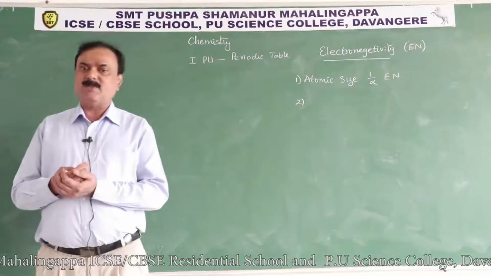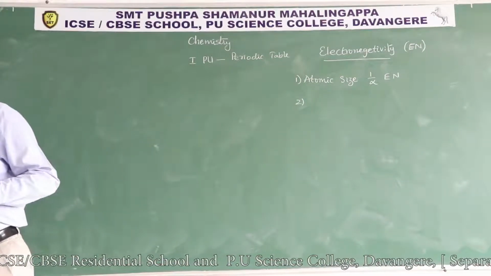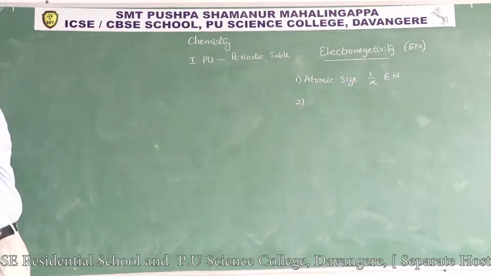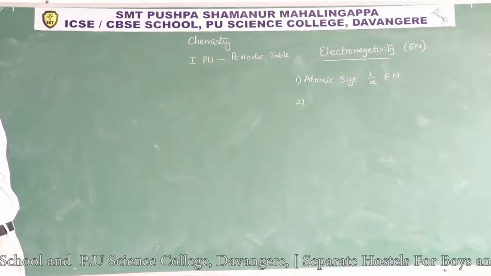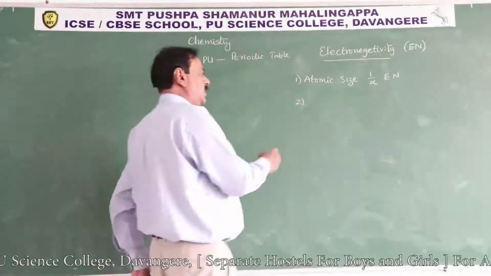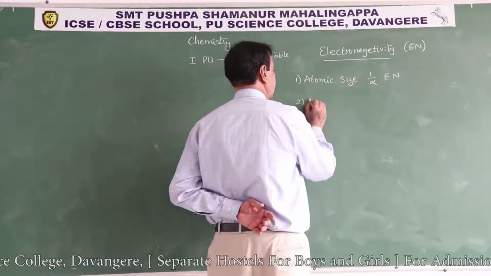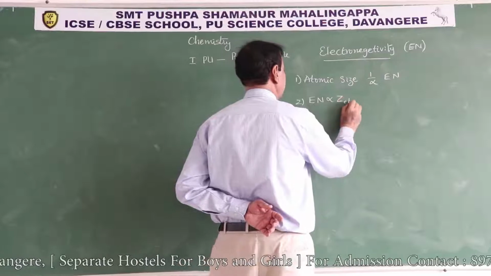Whenever the positive charge increases, the electronegativity, that depends upon the cationic size, is directly proportional to the electronegativity values. Therefore, the electronegativity is directly proportional to the Z effective.